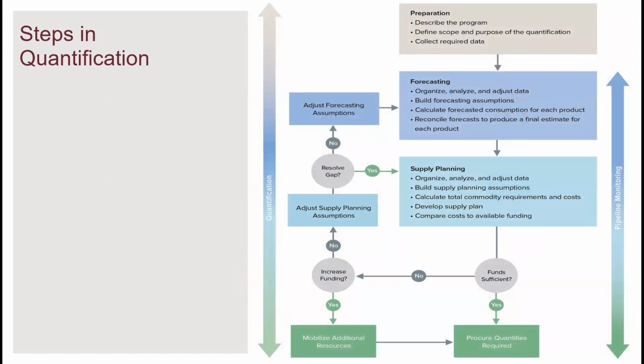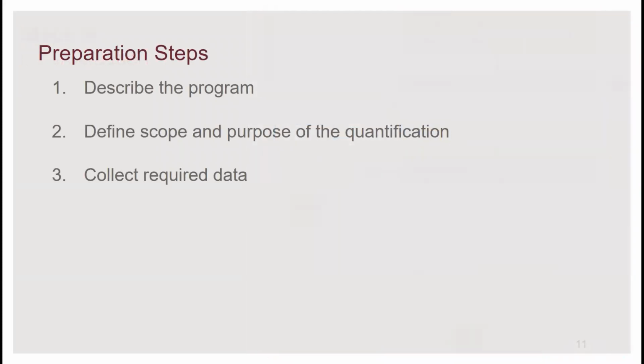During our last webinar, we presented this diagram of the process for quantification and went into some detail related to preparation and forecasting. We will share the link for the part 1 webinar again after this webinar. We also looked at these 3 steps in the preparation process so that we are ready to conduct our quantification.